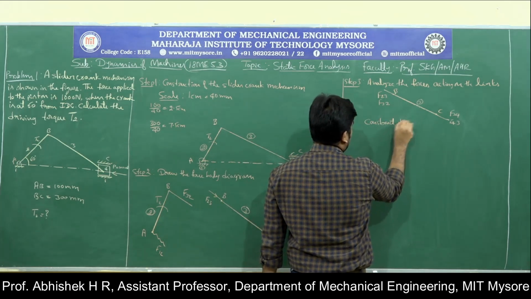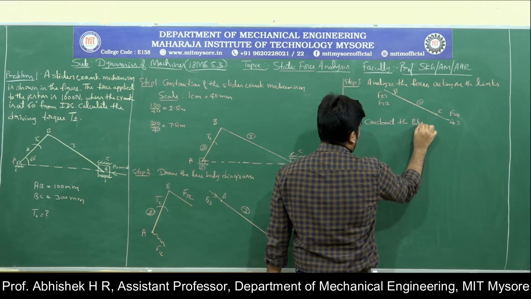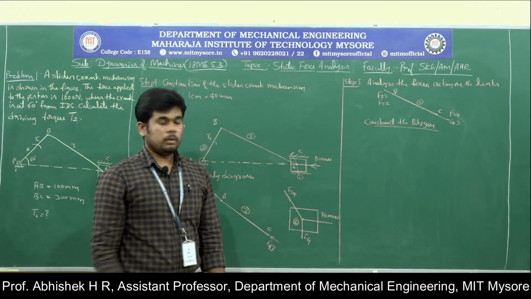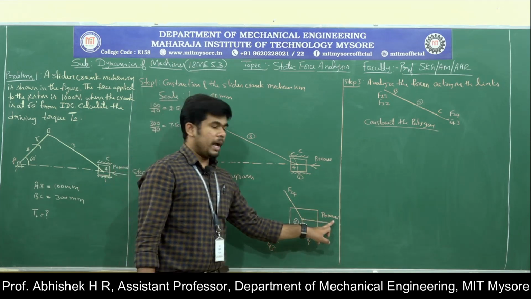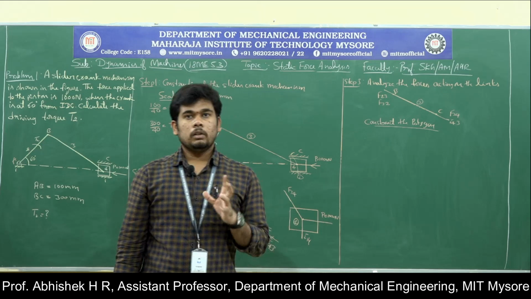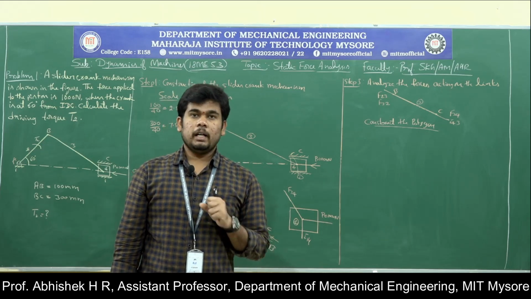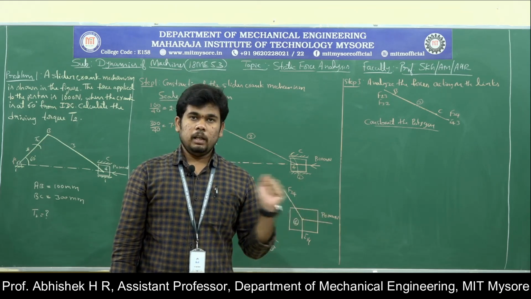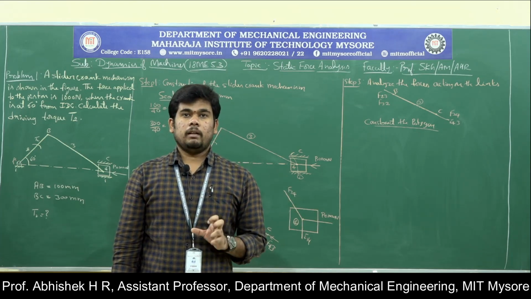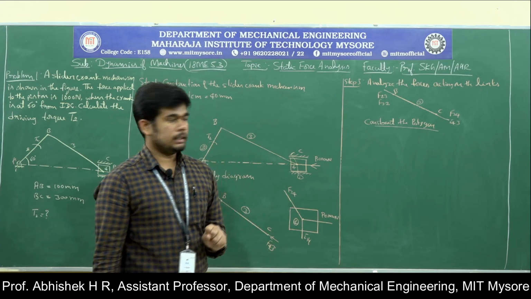Construct the polygon. How are we going to construct the polygon? Use the load value, the load acting on the piston. How much is it? 1000 Newton. Using that value, we can construct the polygon, so that from the polygon we can calculate the forces acting on the links.